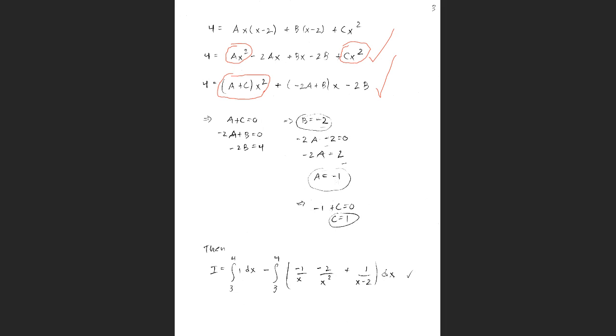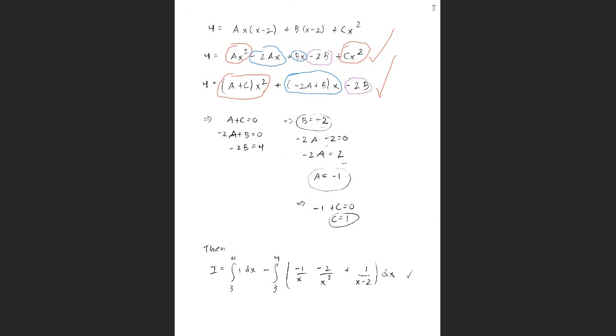And then the negative 2ax and the bx, those are like terms, so adding them together would give me the quantity negative 2a plus b times x. And then finally, you have negative 2b over here.